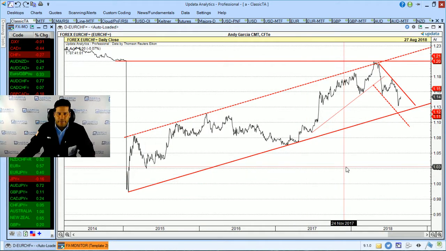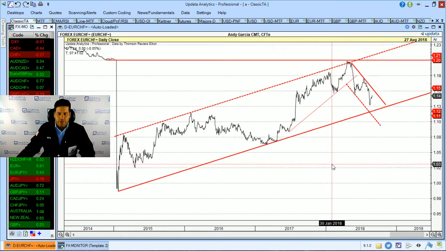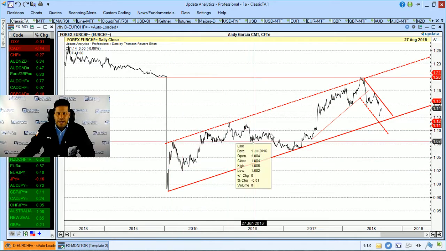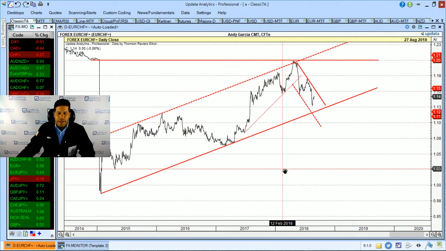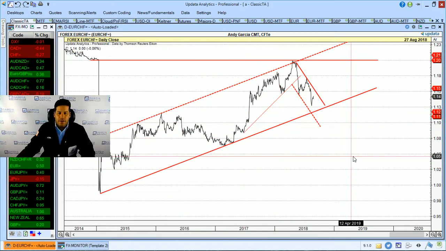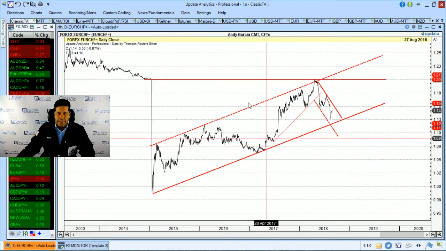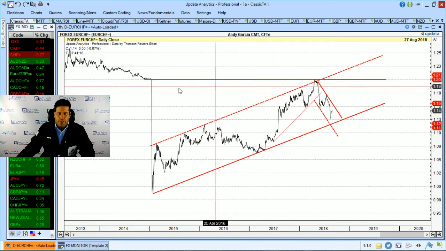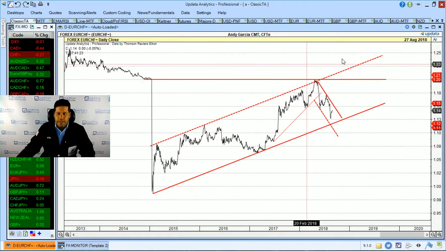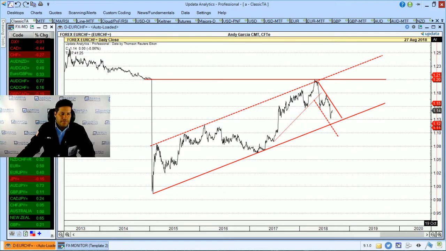Euro Swiss franc. Okay, so the Euro Swissy had this really dramatic push down, after which we had a rising channel, and my expectation is that this market is nothing but a bear flag in the making. But you can see here that the market was using this last breakdown point up around 120 as resistance.